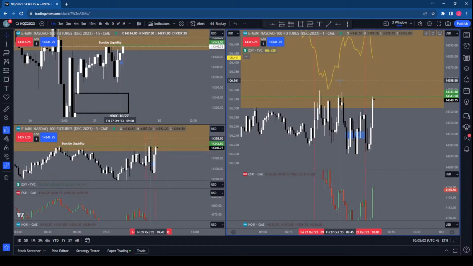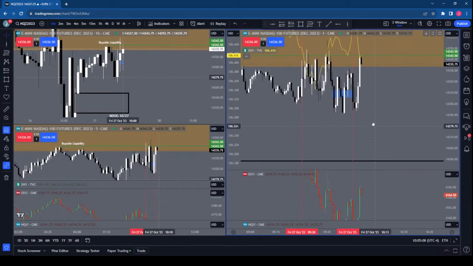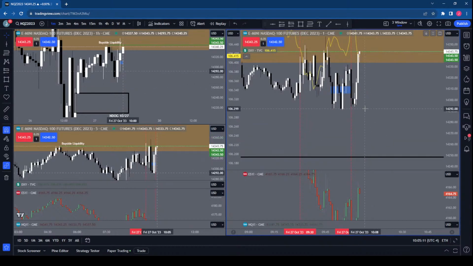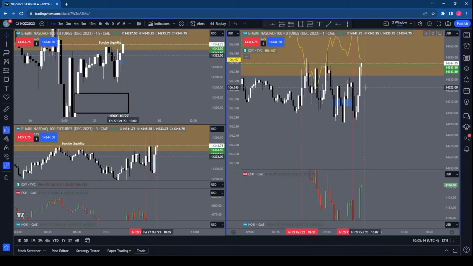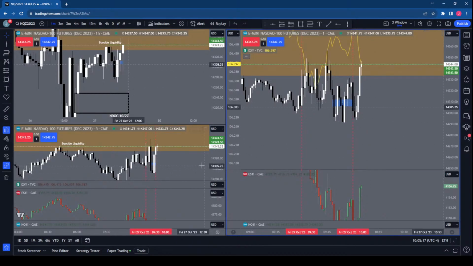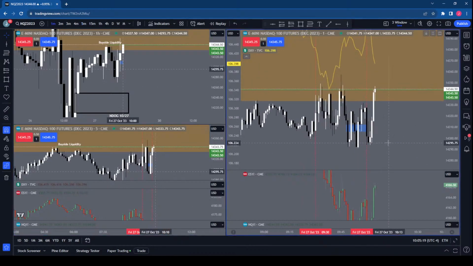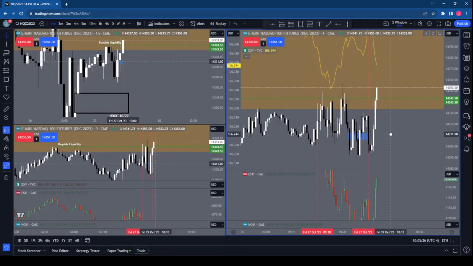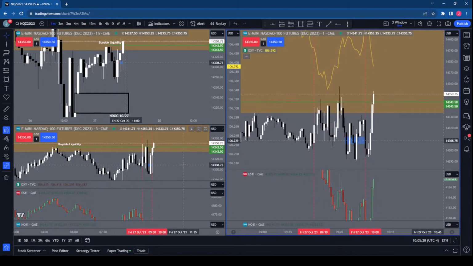If it wicks above this high and can't close, and then breaks market structure, I'm not going to do this, but I'm giving an example, I will enter on the retracement to a PD array, with the contingent that the dollar is doing this and so on.